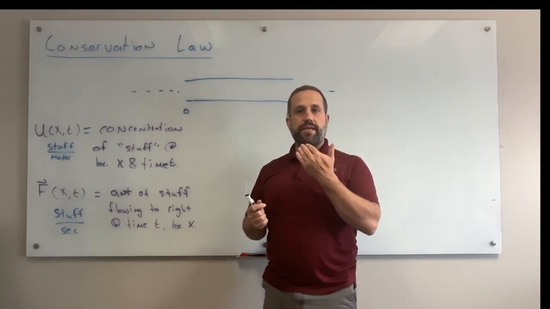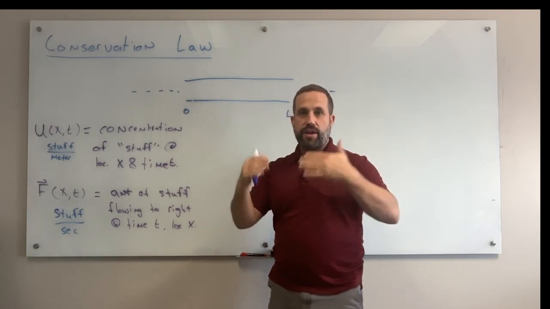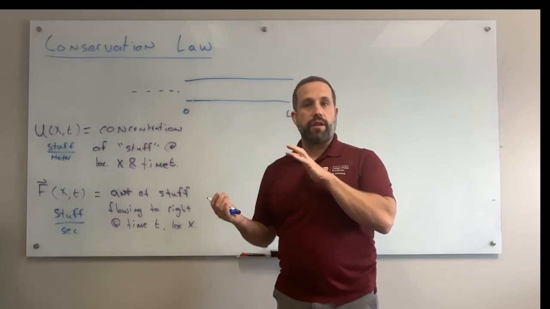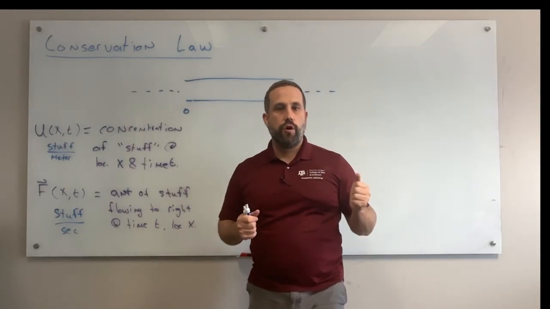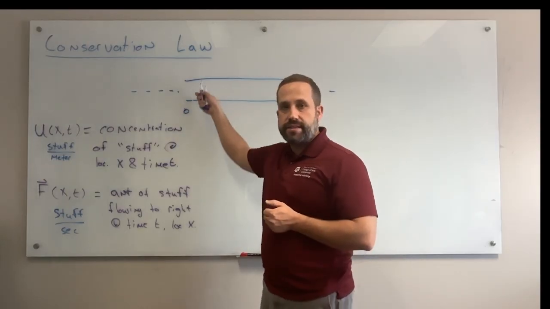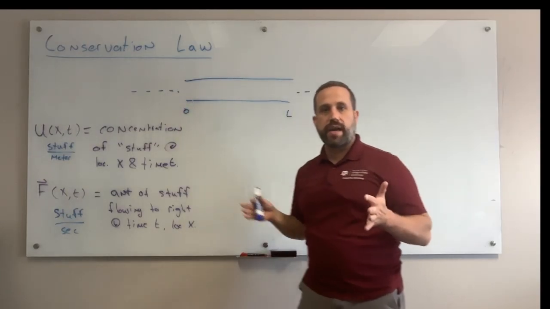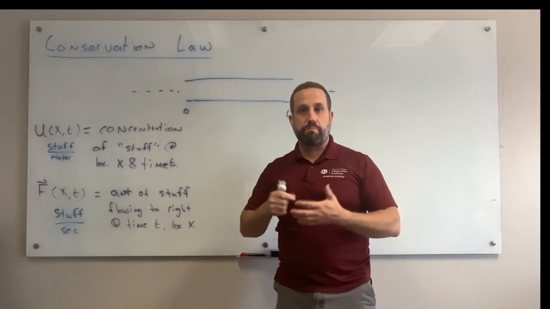Now, that doesn't mean that there can't be sources acting in the pipe, adding this to the pipe, or sinks taking it away. Maybe if we're modeling pollution, we put a pollution filter, and the pollution filter will take things out. Or maybe we are modeling the continual dumping of pollution into this, so we have a pollution source. Things like that, right? But it's not something that's just going to go into or out of existence by itself.